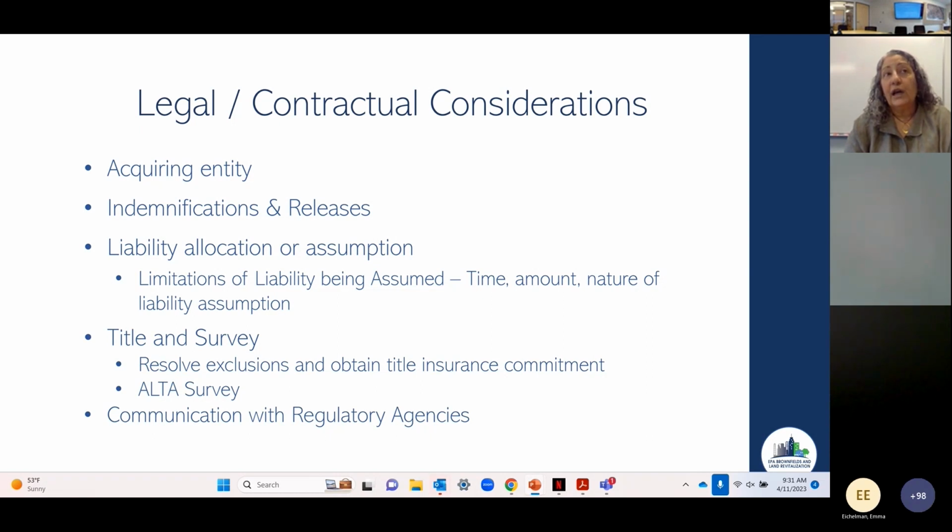You want to make sure on title and survey, you want to make sure you resolve any title issues before you buy the property.